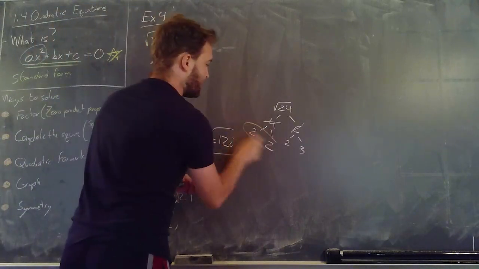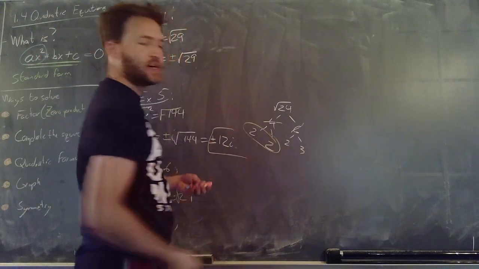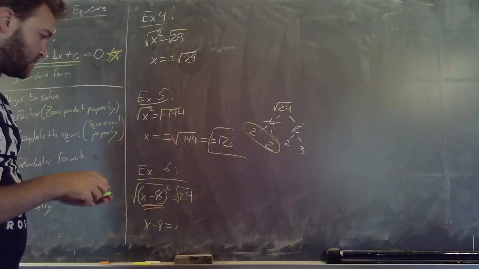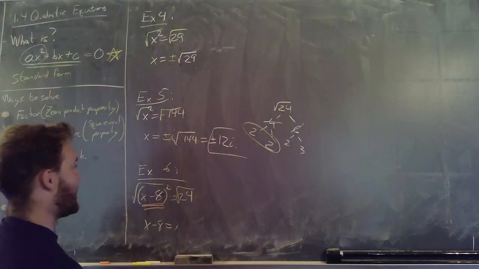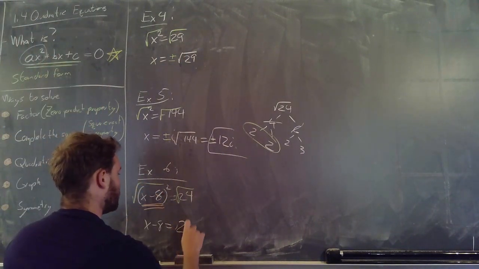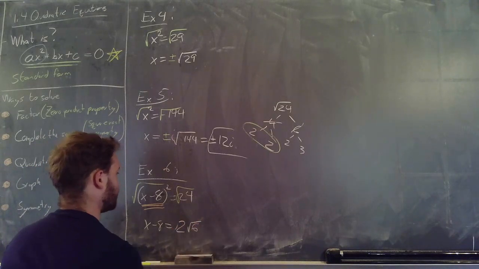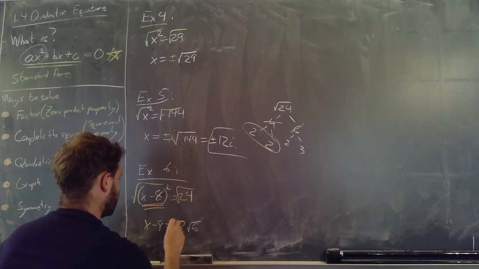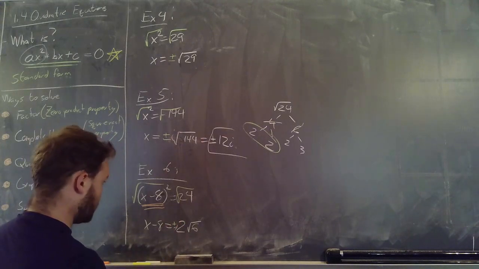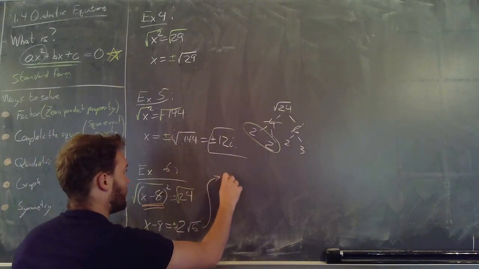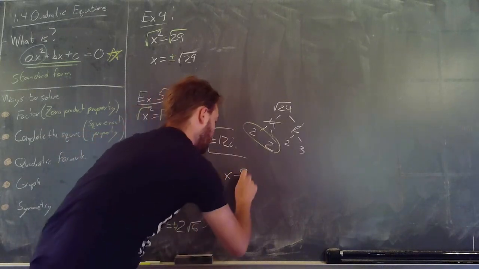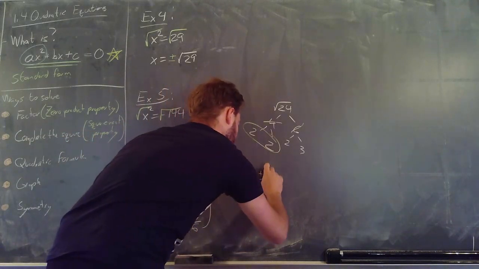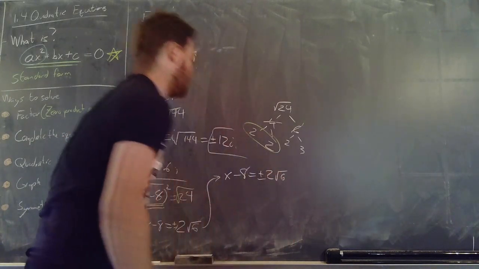And I can see that I have a pair of 2's and then I have a 2 and a 3 left over that can't go outside of the square root symbol. So what I'm going to have is 2 root of 6 on the right-hand side. And of course I should remember that this is plus or minus. So when I solve this thing, I currently have x minus 8 equals plus minus 2 root of 6.